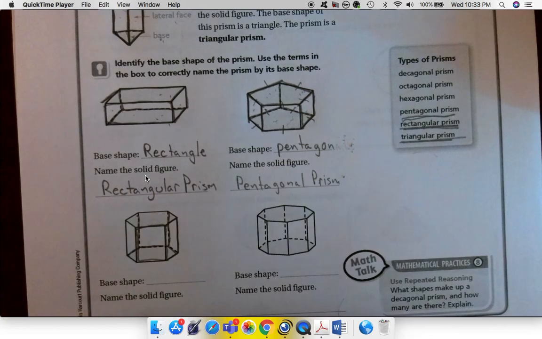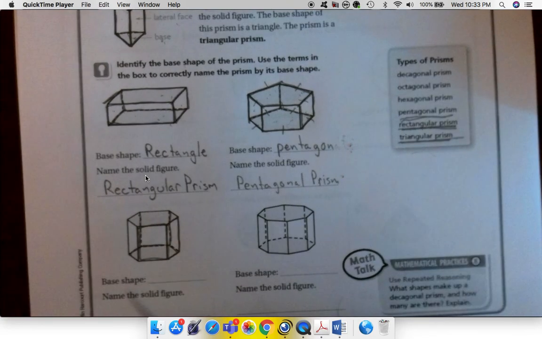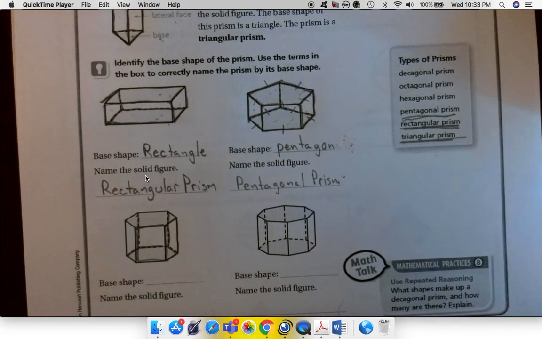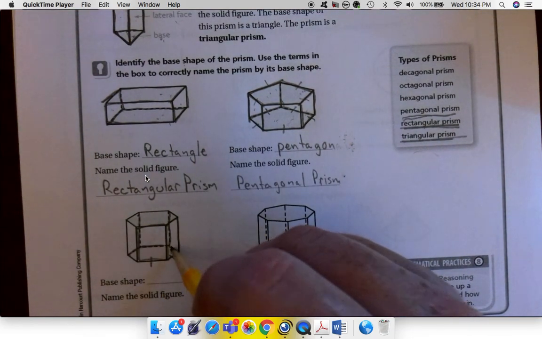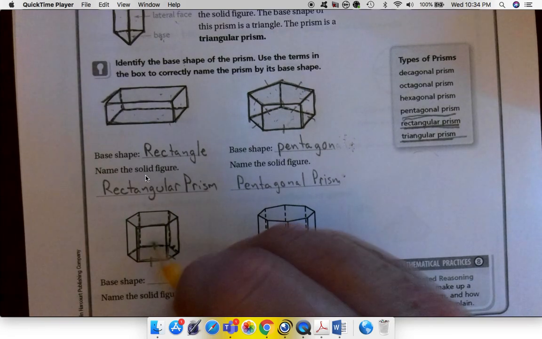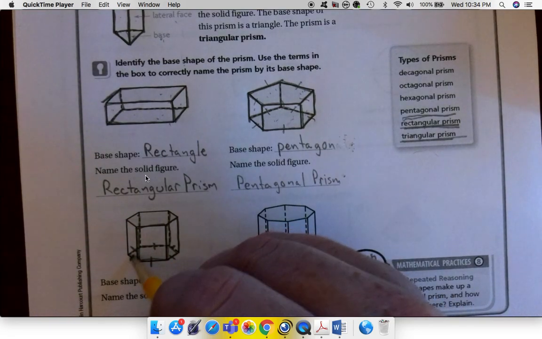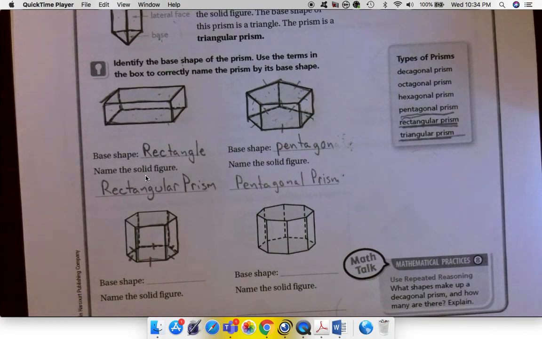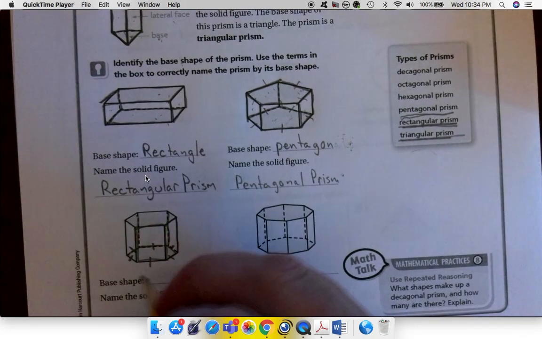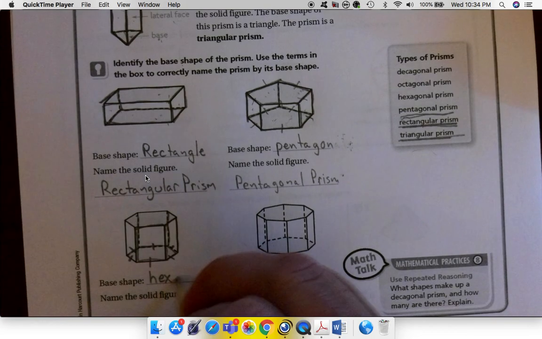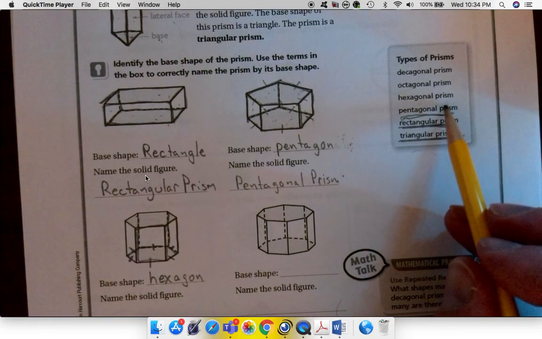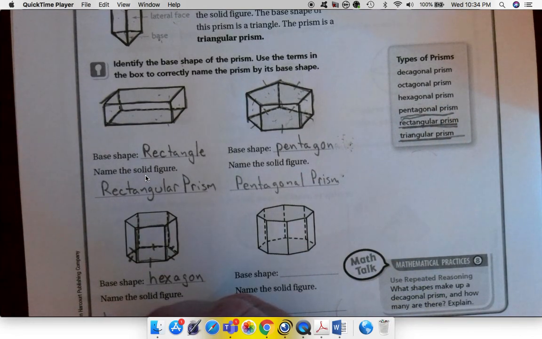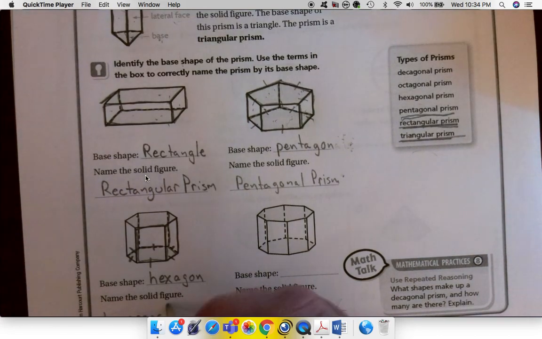What type of prism? Look at the polygon that you see that's not a rectangle. I see 1, 2, 3, 4, 5, 6. What is a six-sided figure called? It's called a hexagon. It's a hexagonal prism.